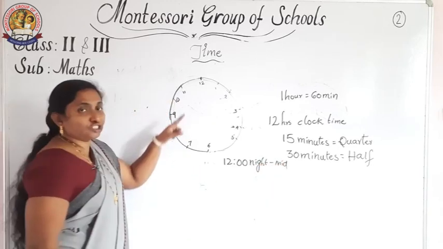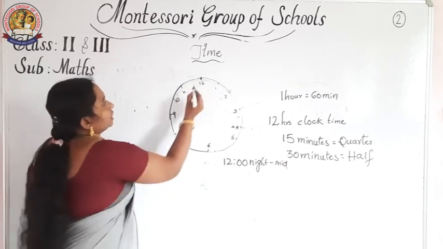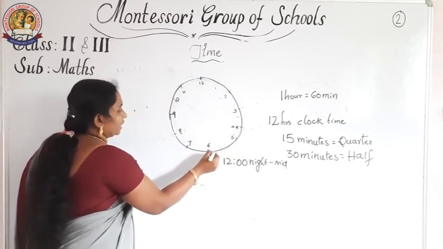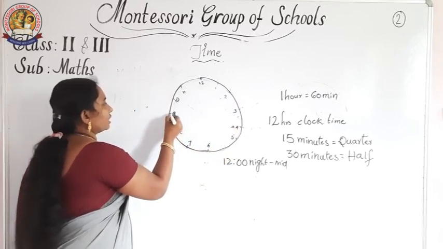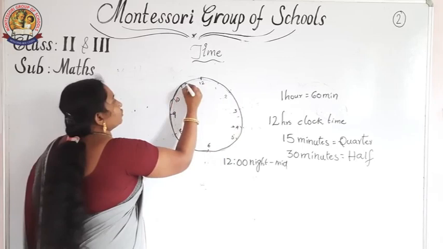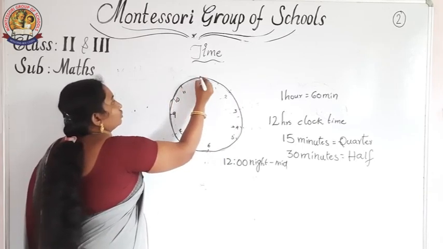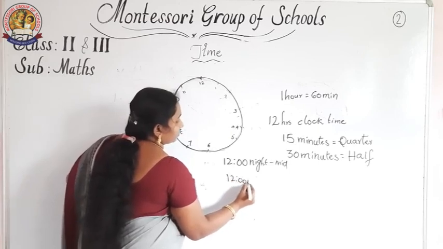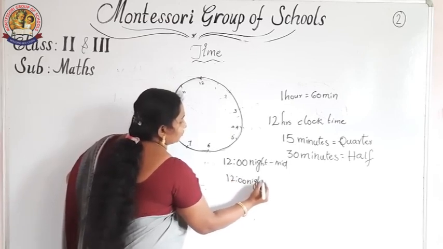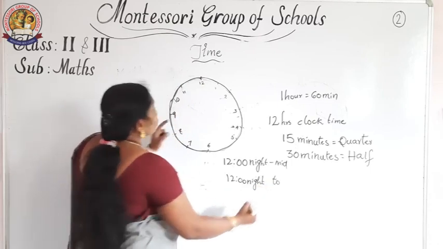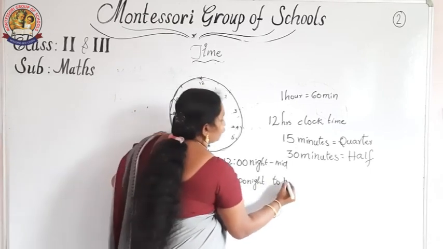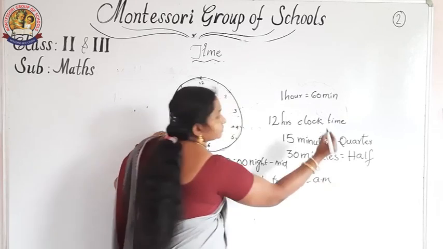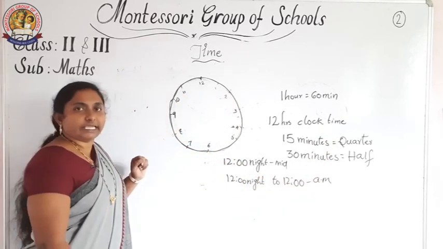After this midnight 12, then 2, and again early morning 7 o'clock, 8 o'clock, 9 o'clock, 10 o'clock, 11 o'clock, 12 up to afternoon. From 12 night up to afternoon 12 o'clock, this is considered as AM.